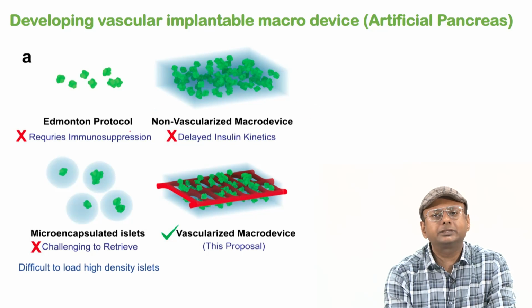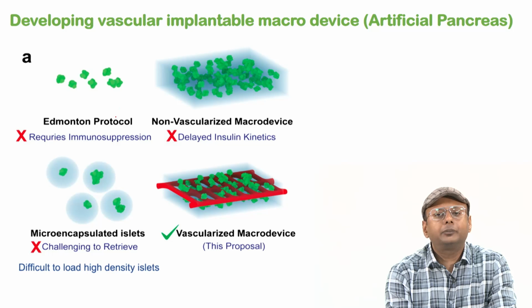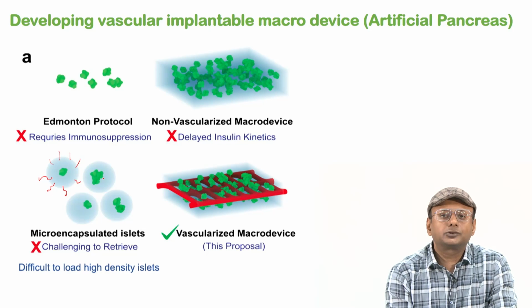Initially in this field, when type 1 diabetes therapy was started, first the Edmonton protocol was used, where the cells were directly injected, but as we said, the host immune response will kill the cells. After that, capsule based systems were used as an immunoisolation object, and small molecule coating can also be used, like we showed in the last paper in our work, where you can reduce the fibrosis response and effectively cure type 1 diabetes for 6 months to 1 year.